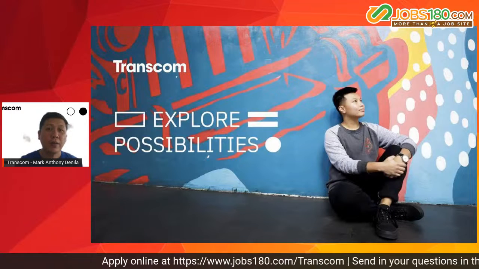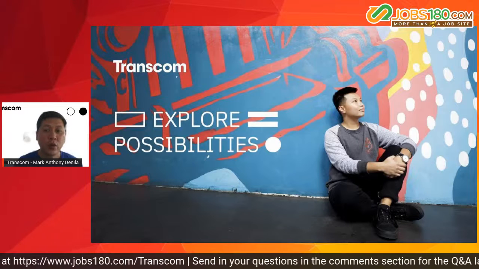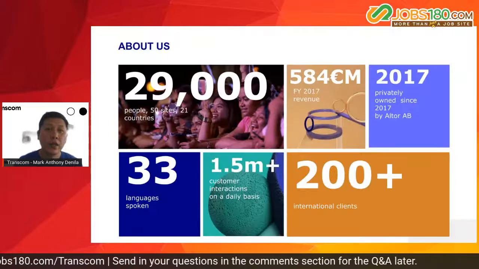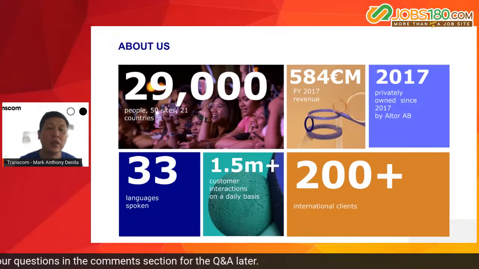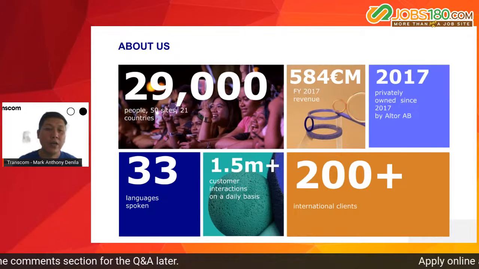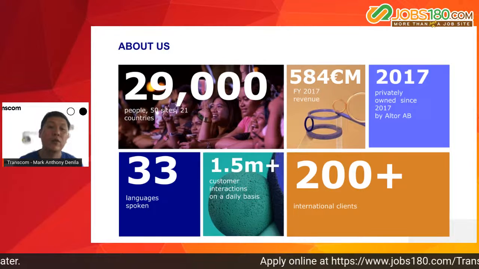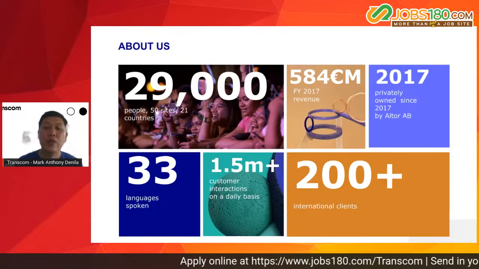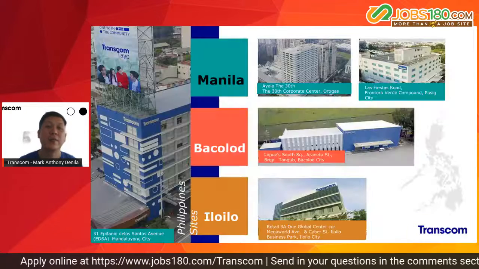Okay, so about our company, again, I'm from Transcom. So I'll just show you who we are. We are almost 30,000 employees across the globe. We have 33 languages spoken, which shows our diversity. And we have 200 plus international clients.